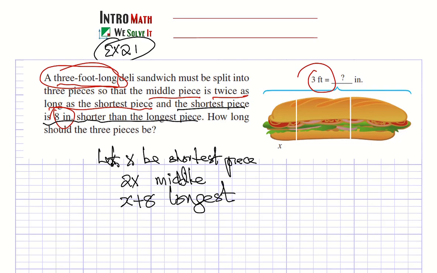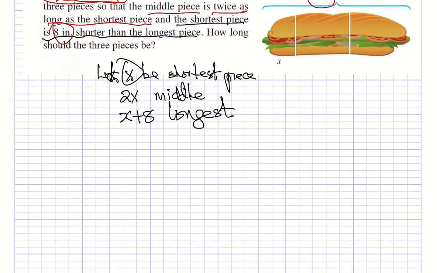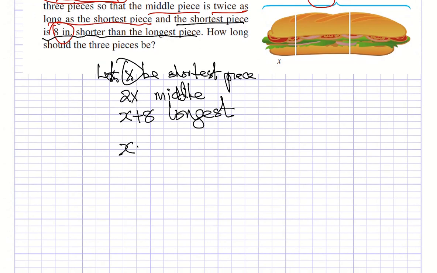Keep your eyes on the ball, because we already know the shortest, so we need to know the longest. The shortest is 8 inch shorter, that means the longest is 8 inch longer.